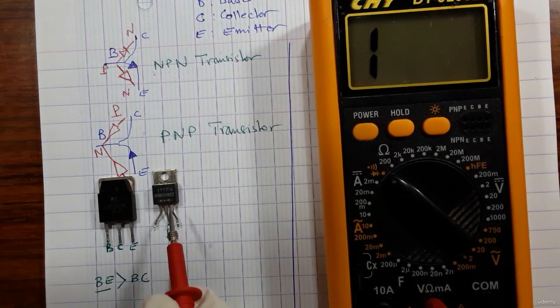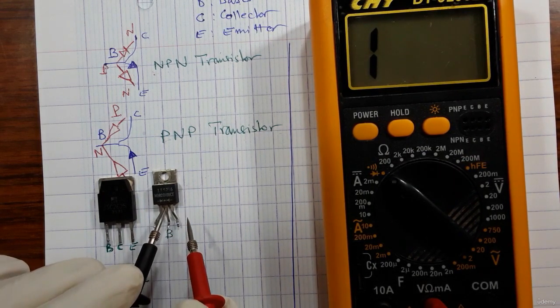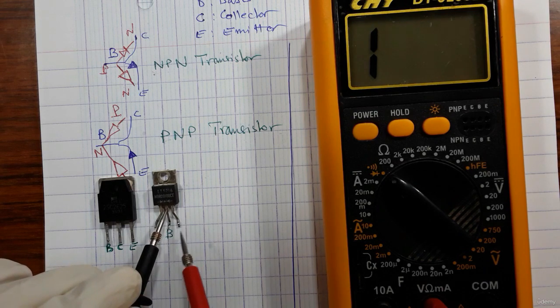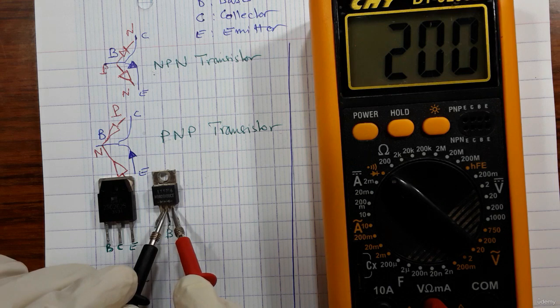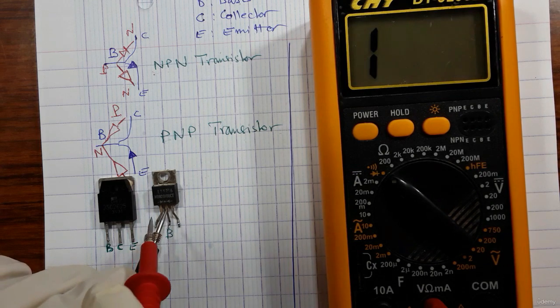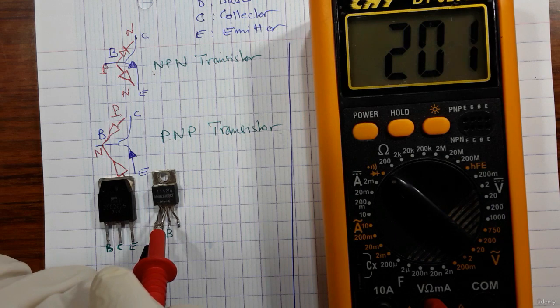Okay, so here we should put the negative probe here. So let's check it. These two pins we have here 200 or even 199, and here if you change it to here we have 201.